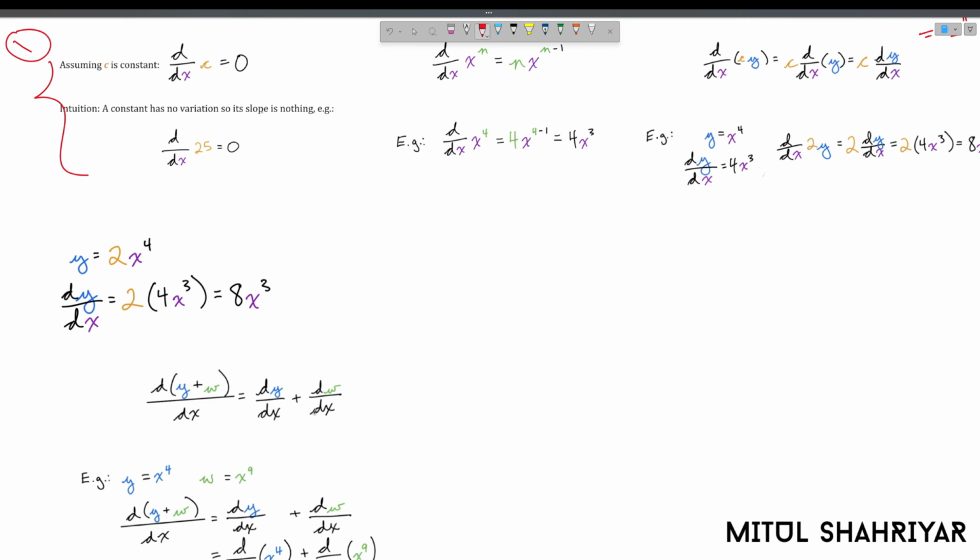If we have some sort of constant value, and we want to get its differentiation, which is d by dx, then we will get the answer as 0. We can actually understand that in general.